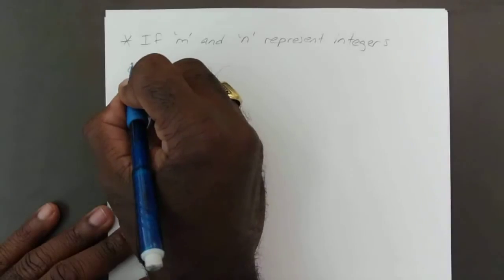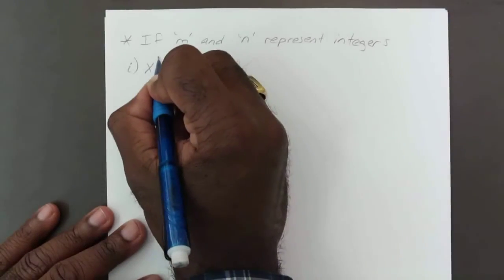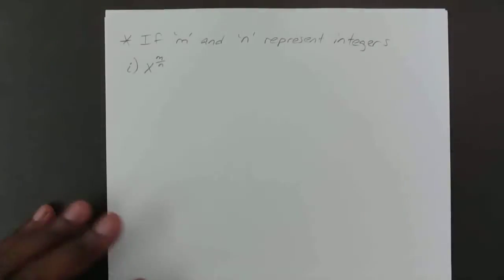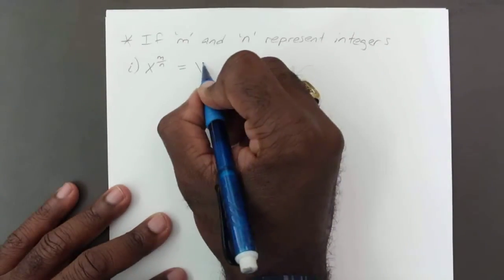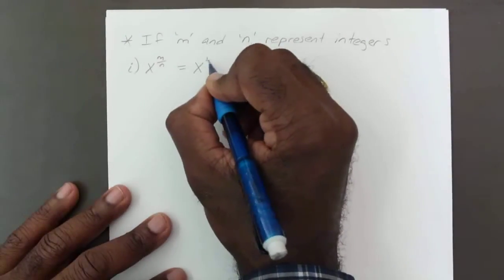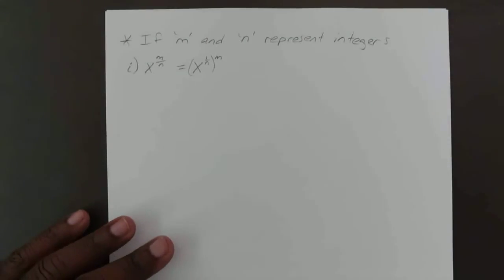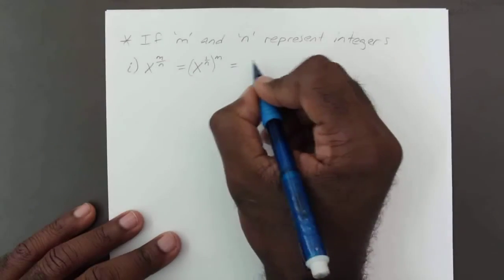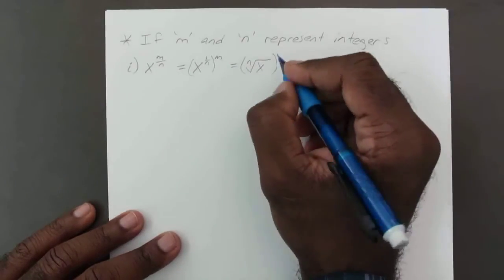Remember, positive, negative 1, positive, negative 2, 0, and all those. Okay. So say if you have x to the m over n power, that's going to equal, I guess you can separate it as x to the 1 over n times m, which is the same as the nth root of x raised to the m power.